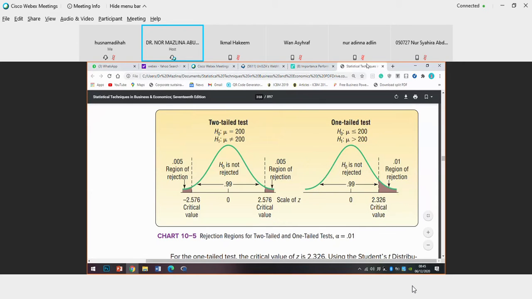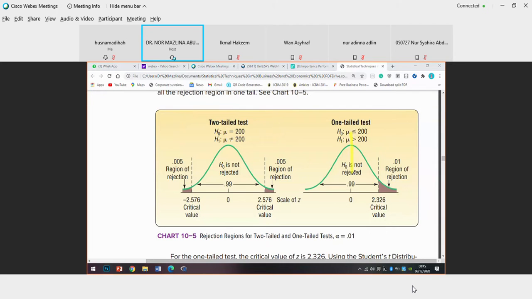If you see that, it means when you look in the normal distribution, you will not get 2.58, because you will be looking at this area. What is this area? Can anyone calculate?